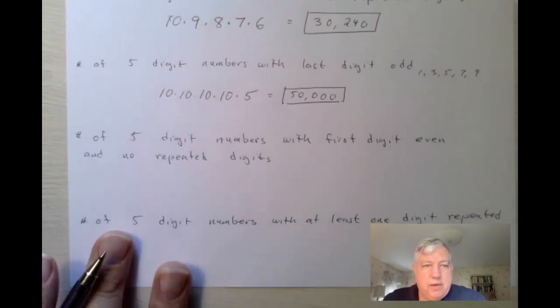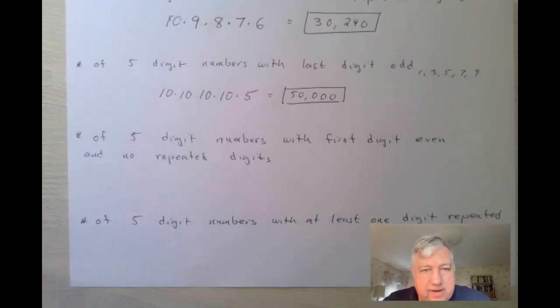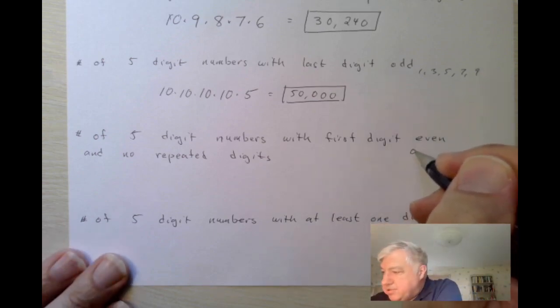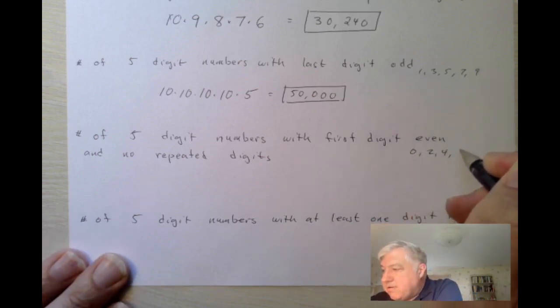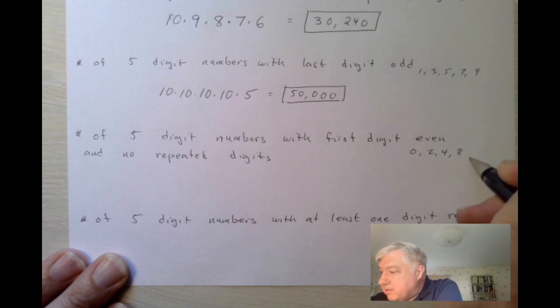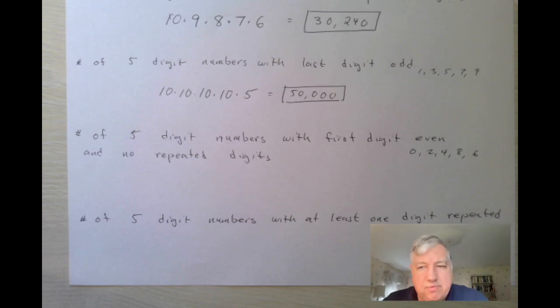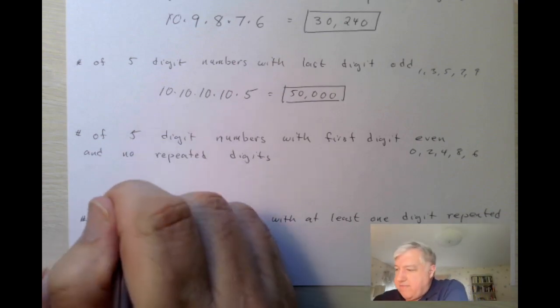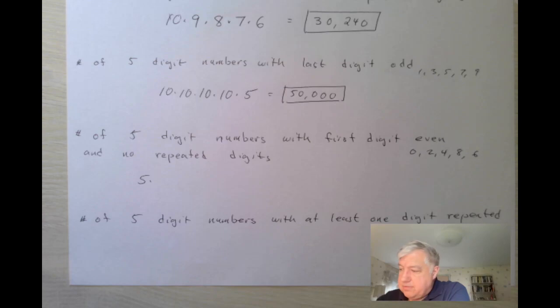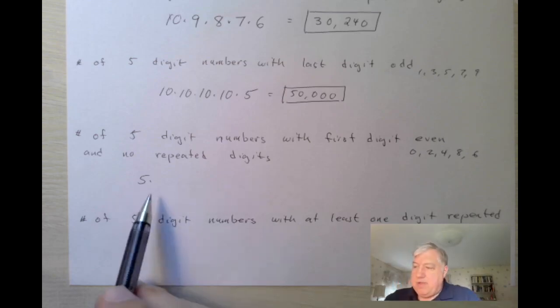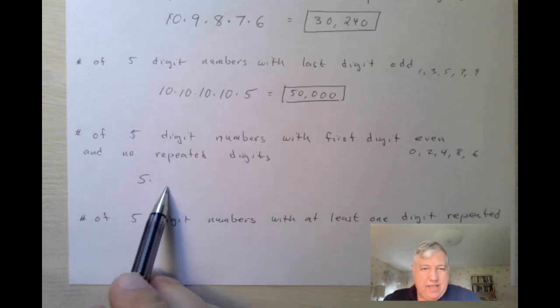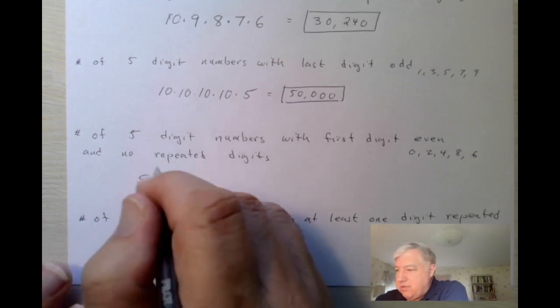All right. What about the number of 5-digit numbers where the first digit is even and there are no repeated digits? If the first digit is even, remember the even digits are 0, 2, 4, 6, and 8. I didn't put those in order, but there are 5 of them, right? So there are 5 choices for the first digit. Now, the second digit can be anything except the first digit, so there are 9 possibilities.